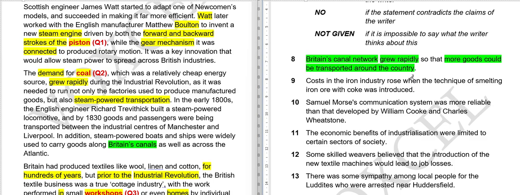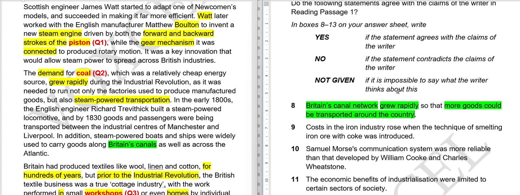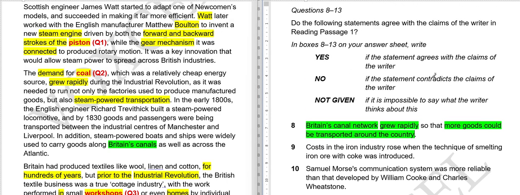So if this is the reason why this network grew rapidly, we'll say yes. And if the writer is claiming some other reason why this network grew rapidly, we'll say no. And if we don't have the reasons written in this paragraph, or even whether this network grew rapidly or not, we'll say not given.